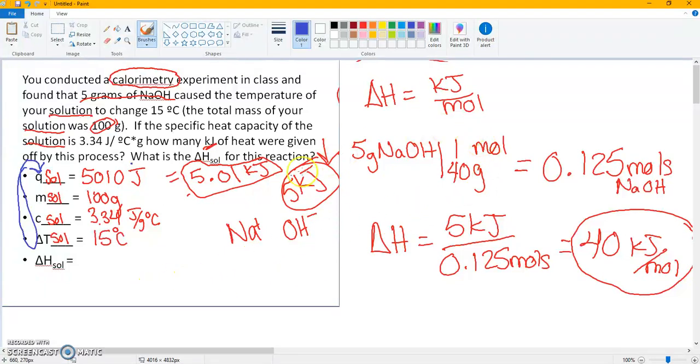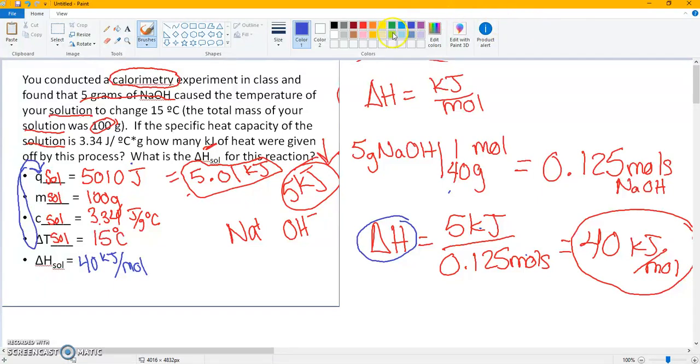Then, I'm able to calculate the enthalpy by doing a simple mathematical division. Kilojoules divided by moles, and I get 40 kilojoules per mole. So the heat of the solution is 40 kilojoules per mole.